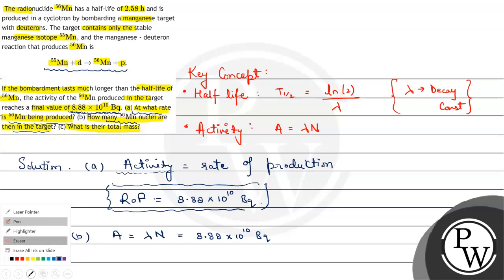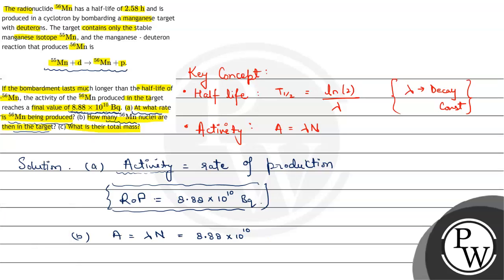Let's get rid of the unit. Lambda is equal to natural log of 2 over T half. So let's put it back in this previous equation: ln 2 over T half times N is equal to 8.88 × 10^10.